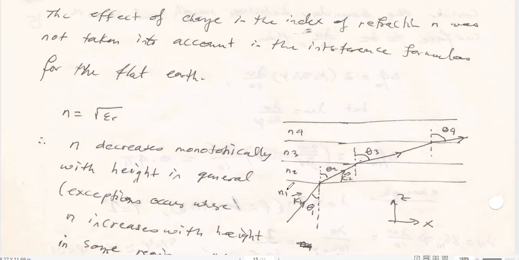Therefore, if we divide the atmosphere into layers with small thicknesses, the first layer is N1, the second layer is N2, N3, N4, etc. N1 is greater than N2, N4 is less than N3, N3 is less than N2. As we go up, the density of the air will decrease.